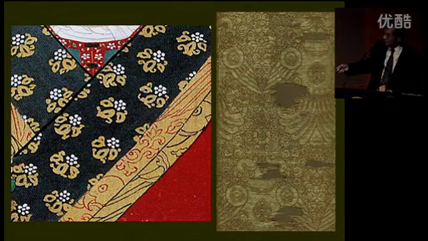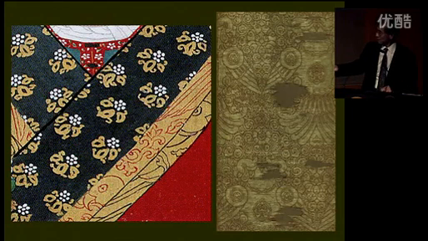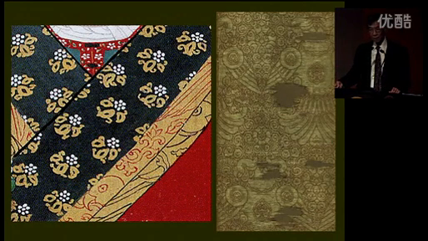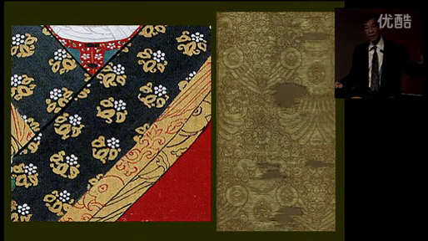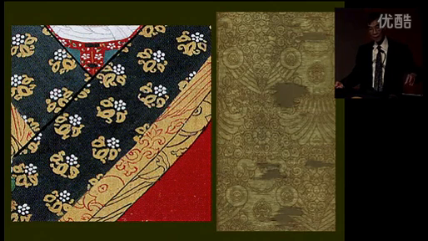Now, the interesting thing about the pattern is that you see here a sort of griffin head, and you can see the same here. Now this is, of course, not a Chinese pattern at all. This is a Western pattern, which was brought in by the Central Asian weavers to Beijing at the beginning of the Beshbalik workshop in Beijing, in Dadu.